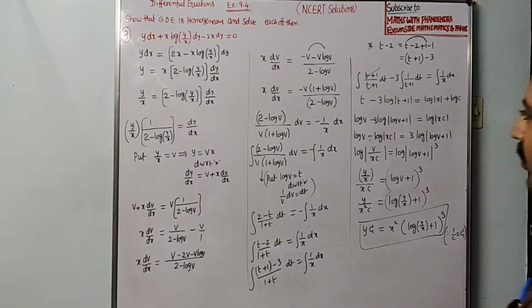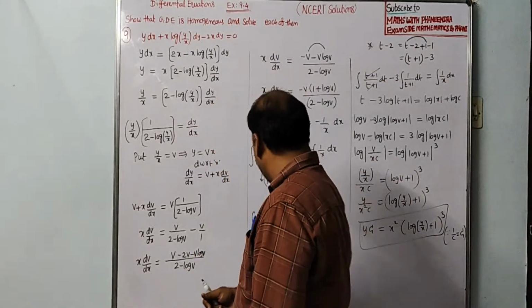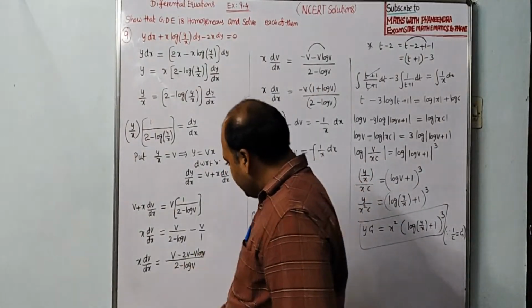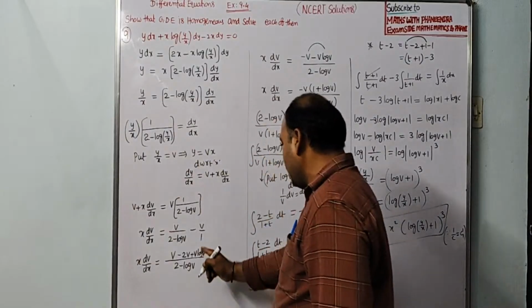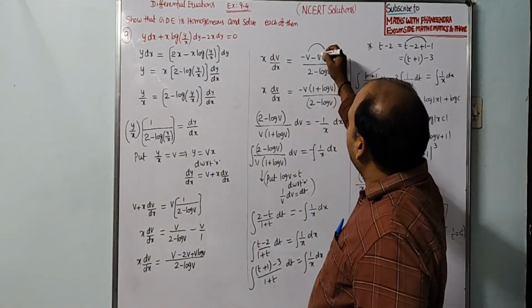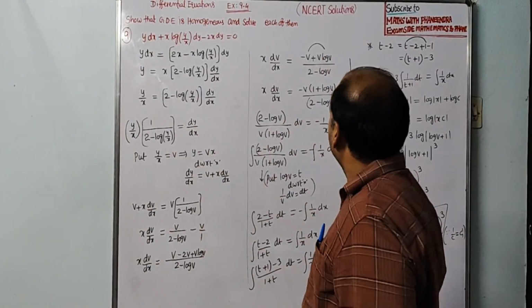One more piece of information is also here, dear students. Here minus into minus will become plus now, and that will be a very important step. We forgot, here it is plus v.